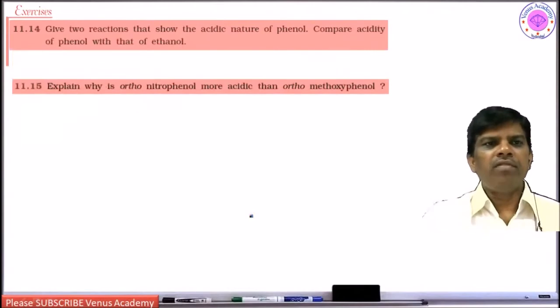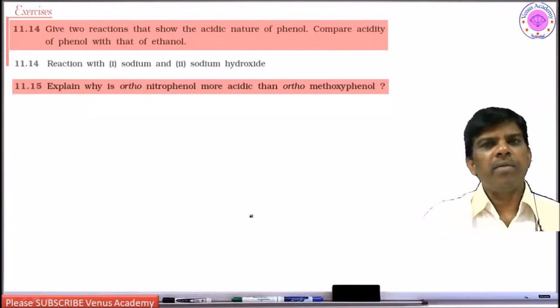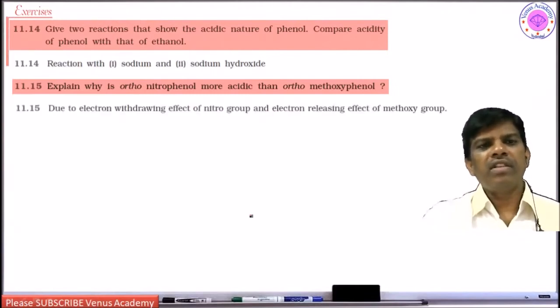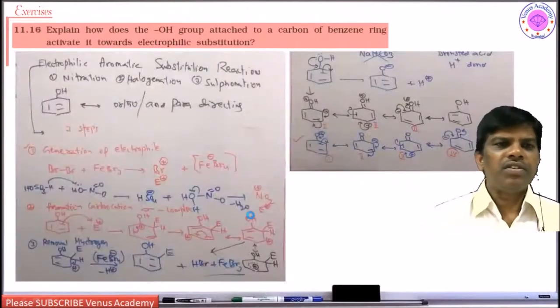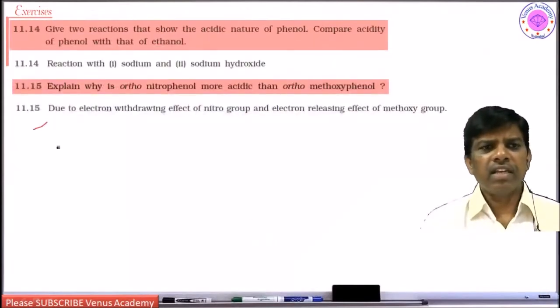Next, give two reactions that show the acidic nature of phenol. Compare acidity of phenol with that of ethanol. Explain why is orthonitrophenol more acidic than orthomethoxyphenol. Reaction with sodium and sodium hydroxide I have given, due to electron withdrawing effect on nitro group and electron releasing effect on methoxy group. Dear students, so exact nature of this phenol. Phenols are highly acidic.